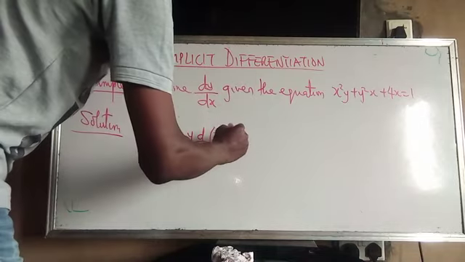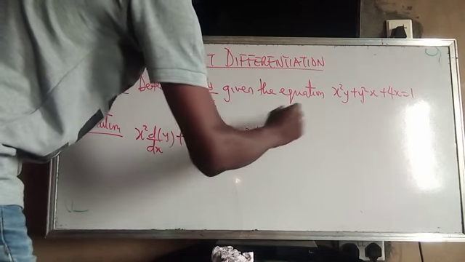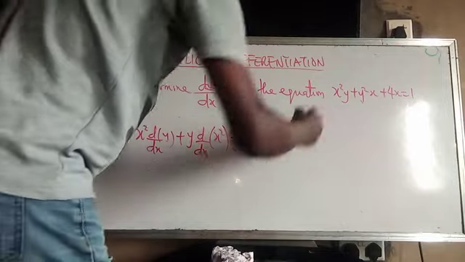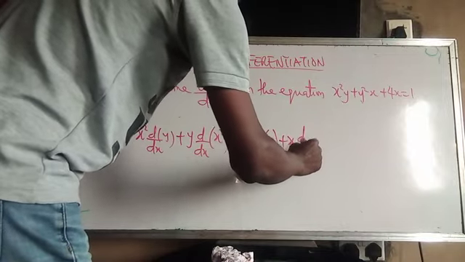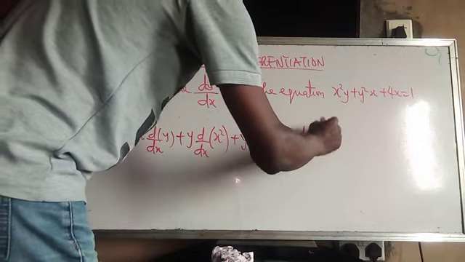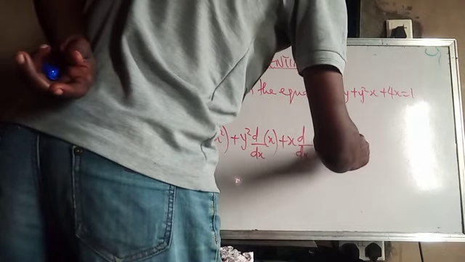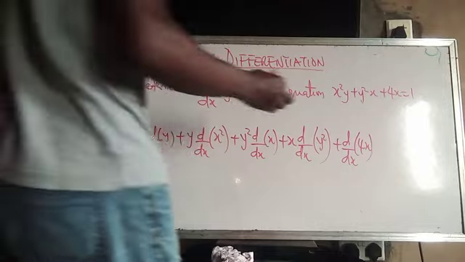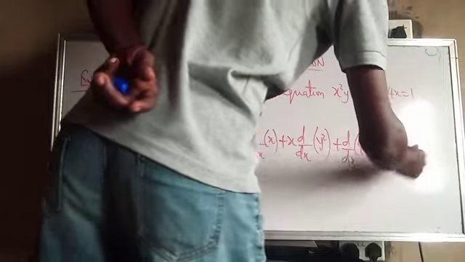Now the next one, plus, let me bring y squared out, so I will differentiate d/dx of x, then I will bring x out and differentiate y squared. Then plus this one, I don't need to split it. 4x is like a single variable. Then d/dx of 1. Beautiful.